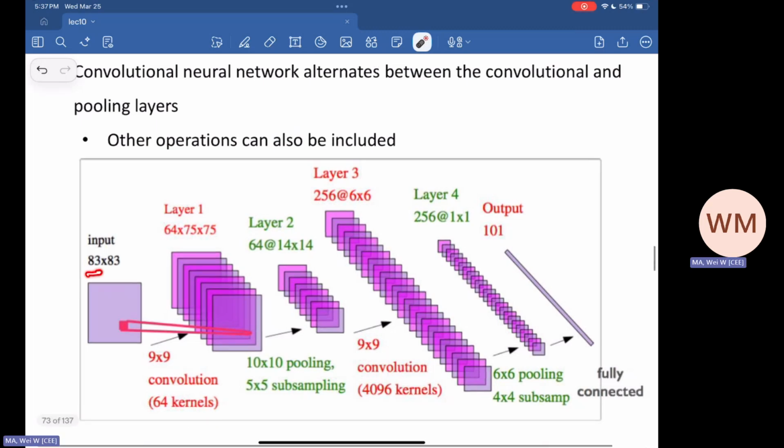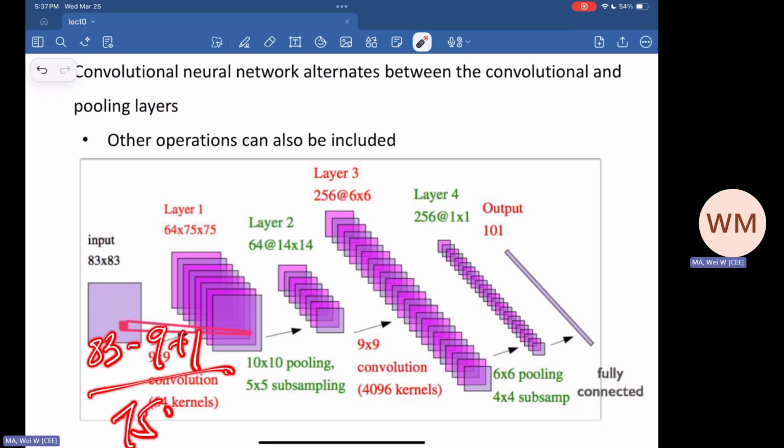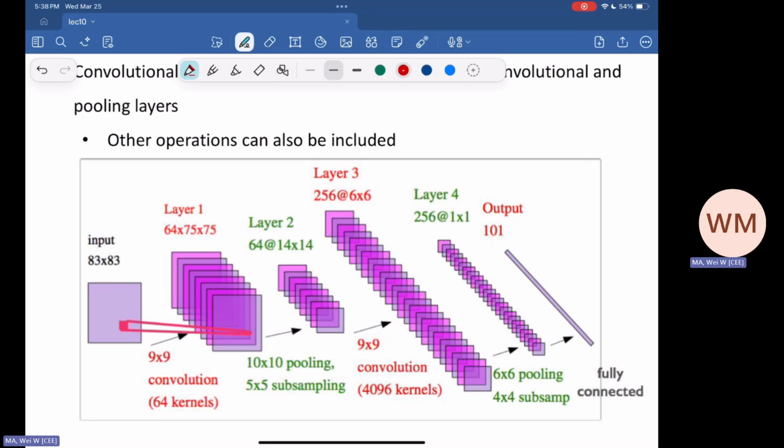What is the output dimension? 83 minus 9 plus 1, so it will be 75. So you have 75 by 75, and with 64 kernels you have 64 images, each of them 75 by 75.